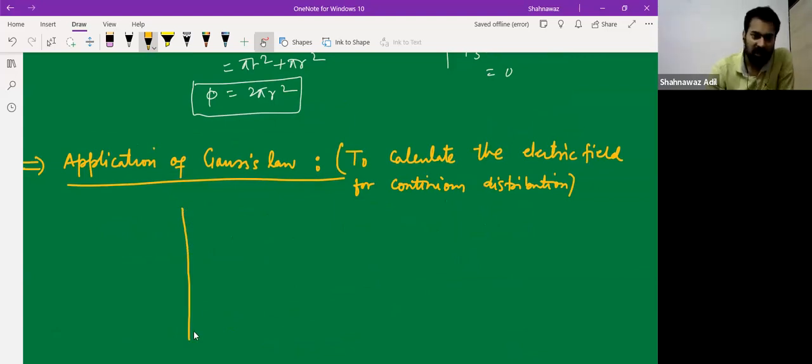This infinite line charge has some charges like this, let's say plus. So this is the infinite long wire.